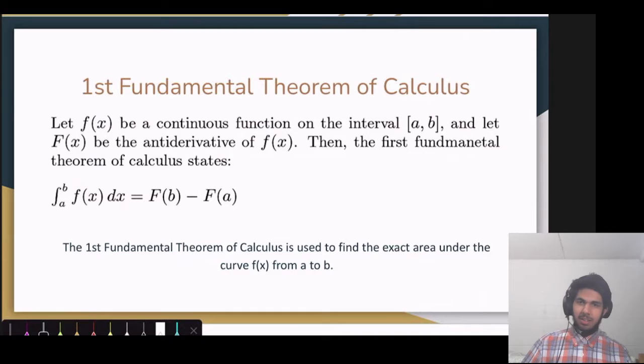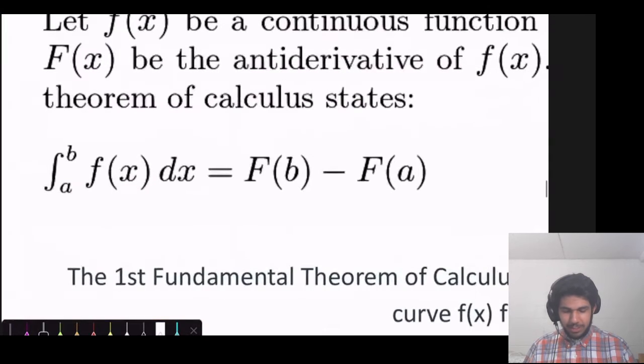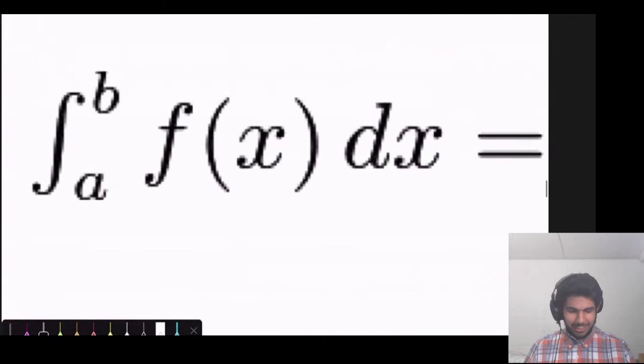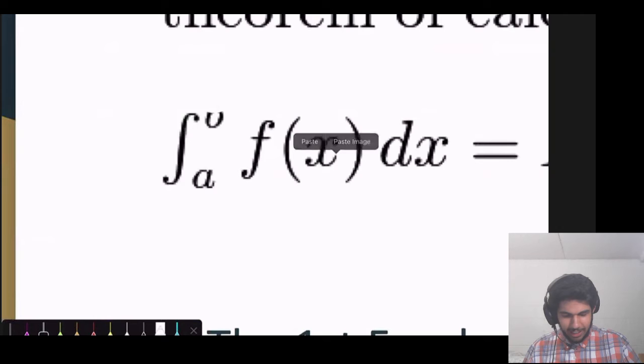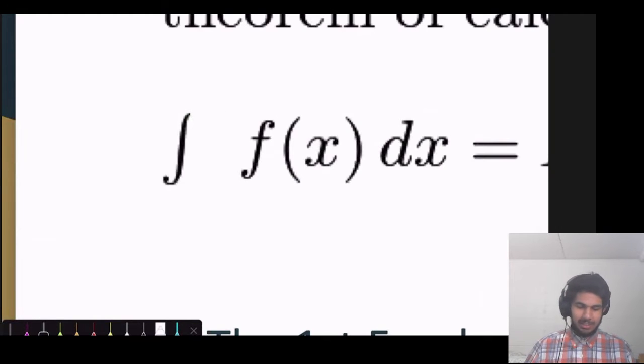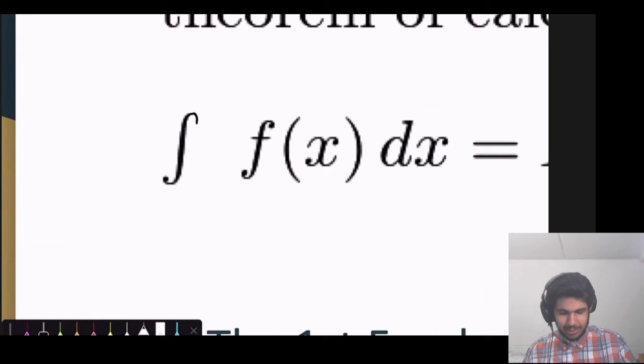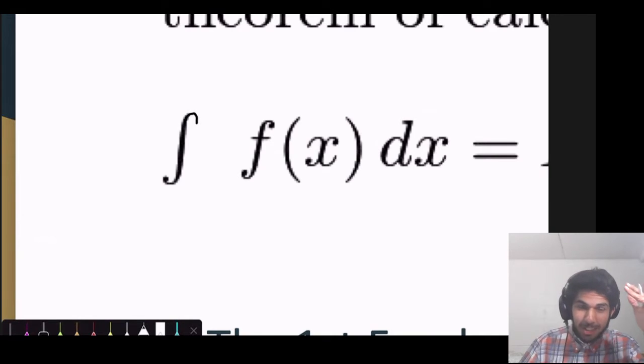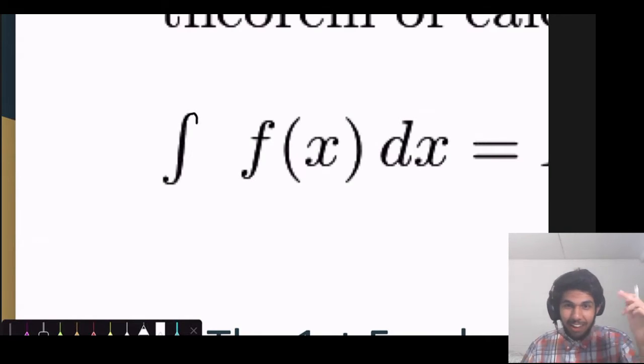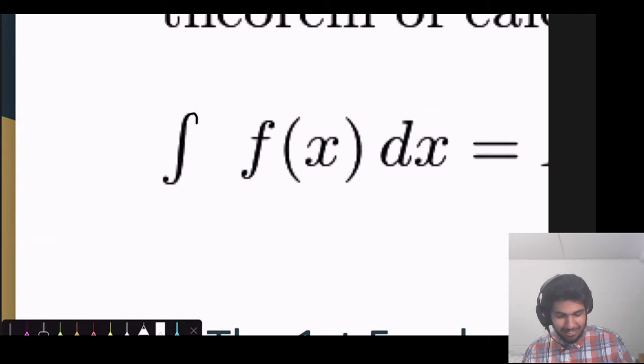You might be like, okay, what? But this should really, really be exciting. If we just look at this integral here, I'm zooming in as much as I can, and I get rid of the bounds, and we were just left with this integral of f of x dx. We know how to compute this. We have learned how to do it. This is just an indefinite integral.